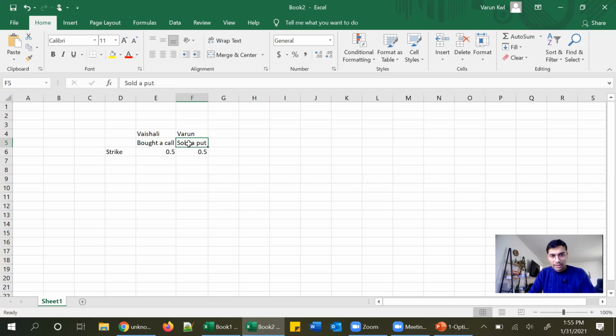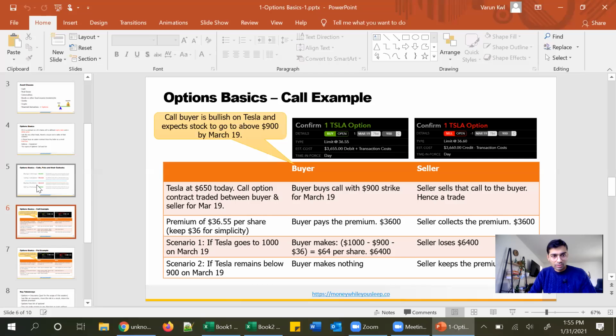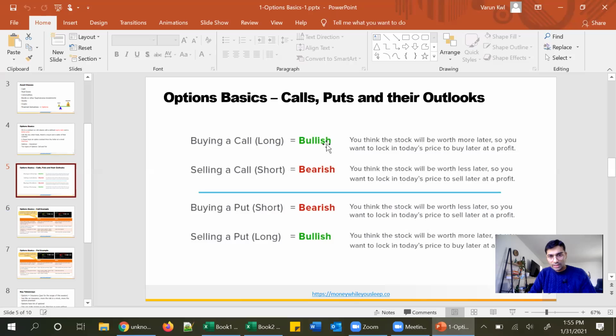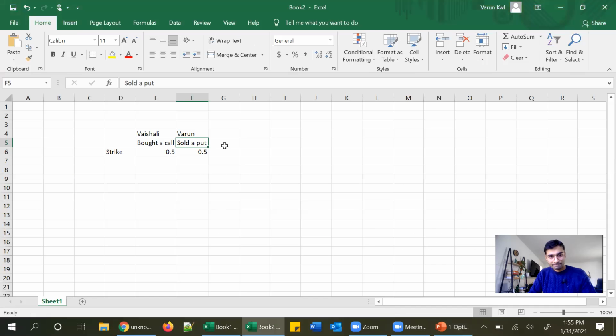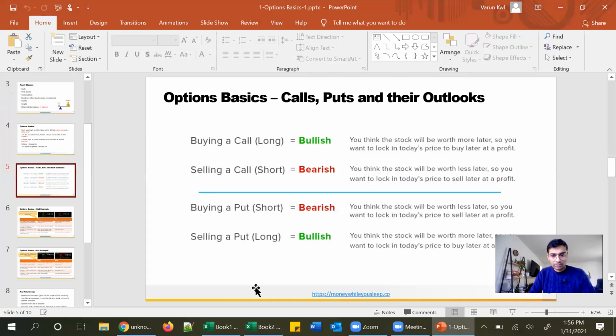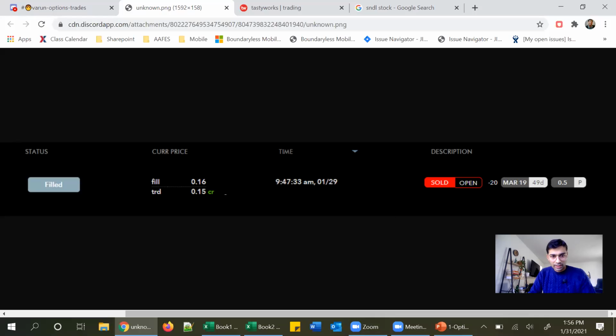Now, buying a call has a bullish outlook, and selling a put also has a bullish outlook, right? Both of them are bullish. Here, in my transaction, I have made $16.